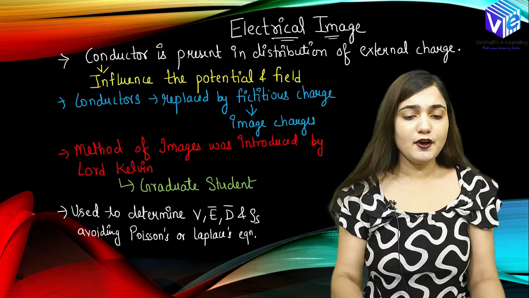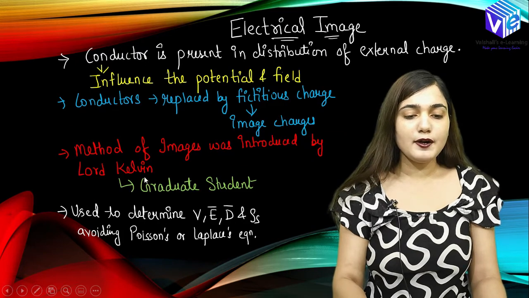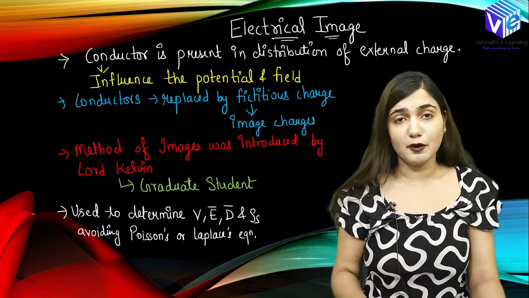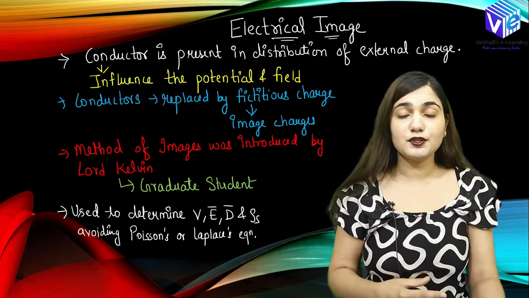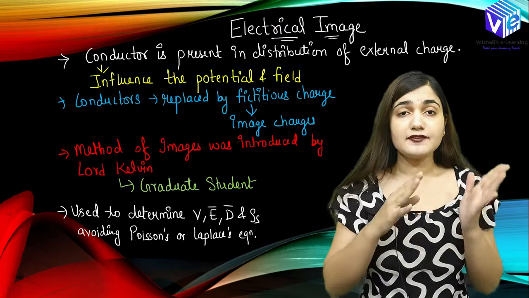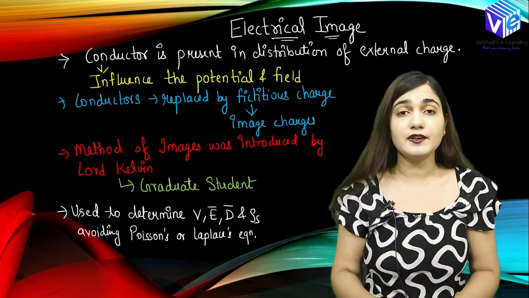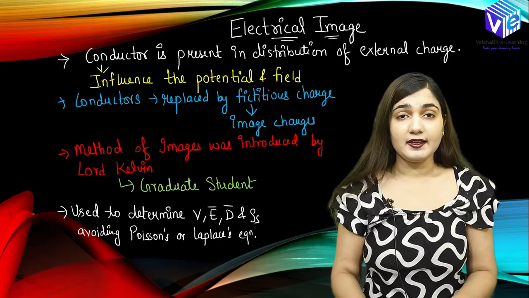Now, the method of image was introduced by Lord Kelvin. Lord Kelvin was a graduate student at that time when he introduced this problem. And he gave the solution also to this problem, that when I have a conductor in front of a point charge, how the electric field and the potential and the other quantities are going to modify.